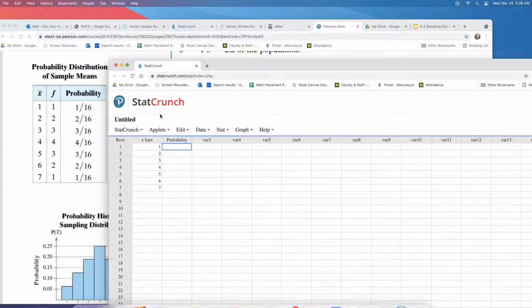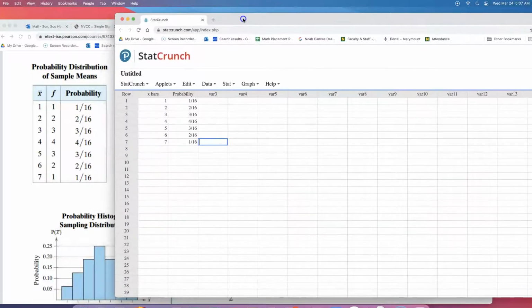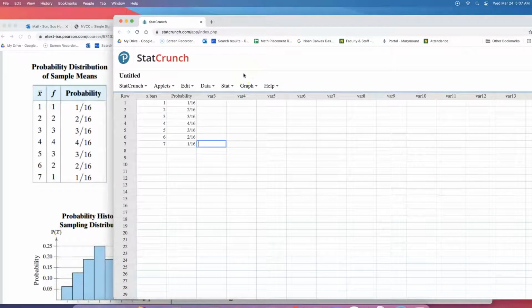And they are 1 over 16, 2 over 16, 3 over 16, 4 over 16, 3 over 16, 2 over 16, and 1 over 16. I'm worried though if I should enter decimals instead of fractions. But I'll show you how I'm about to find the mean and the standard deviation of this probability distribution.